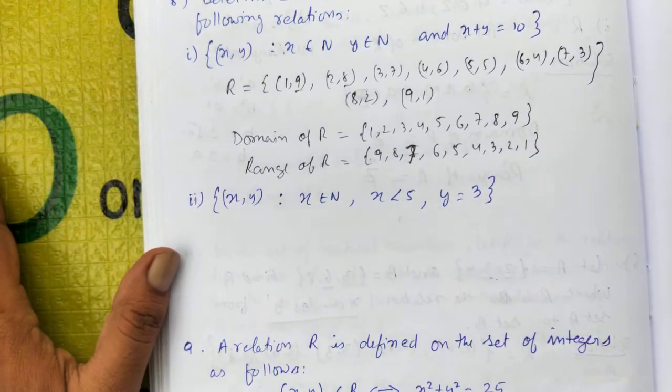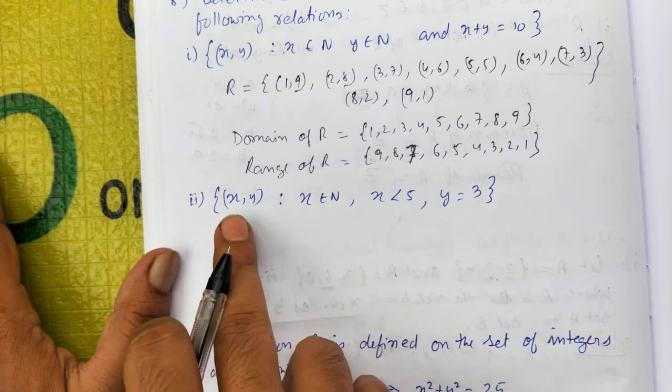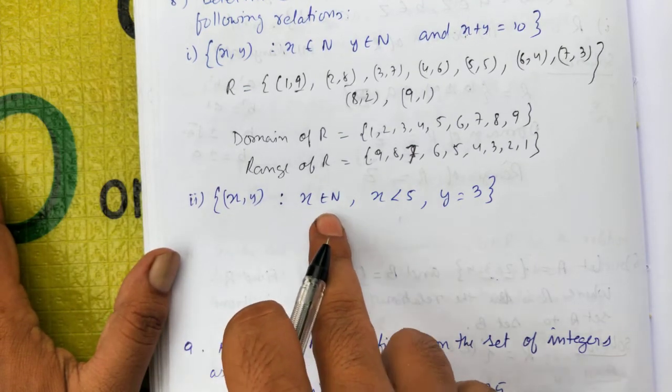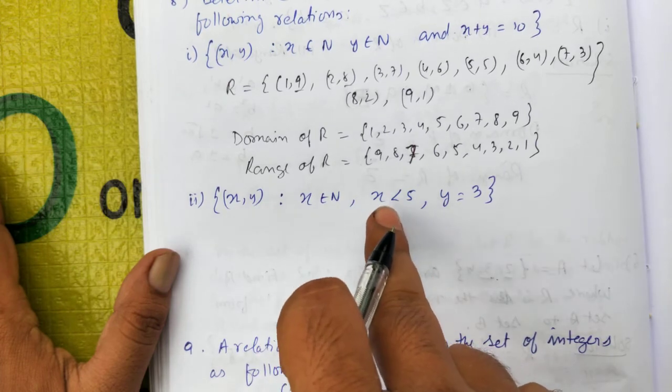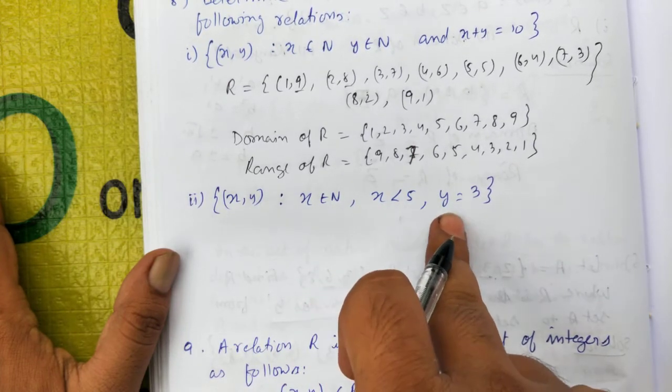Next, second one, x, y. x belongs to N and x is less than 5 and y equal to 3.